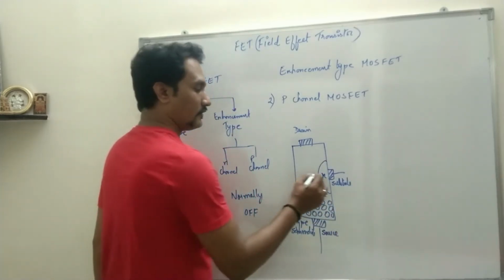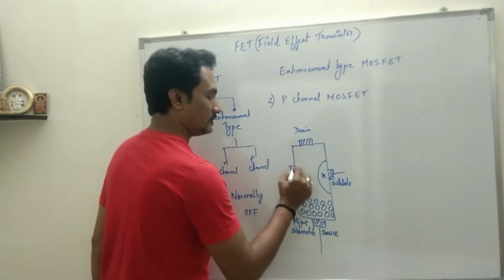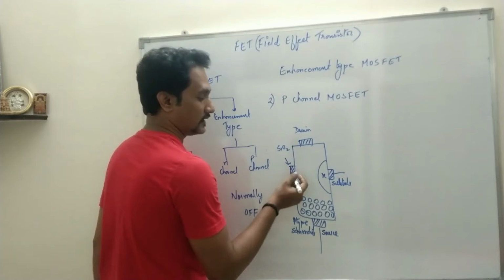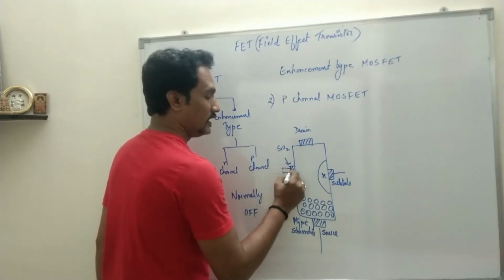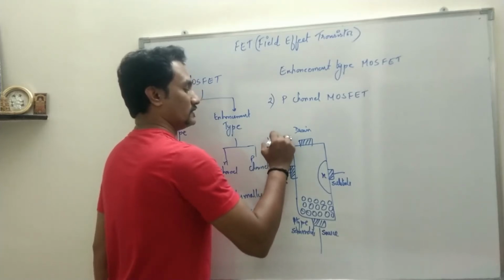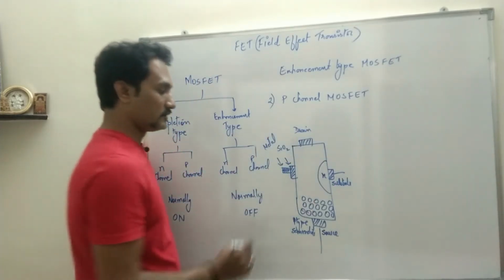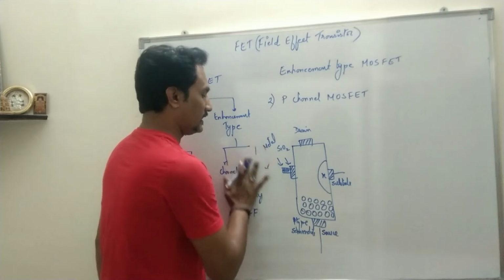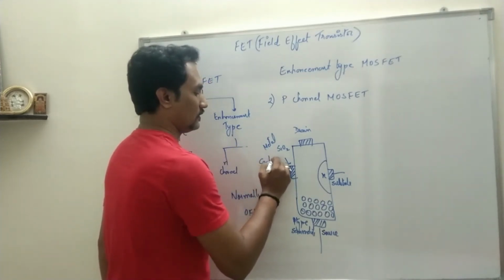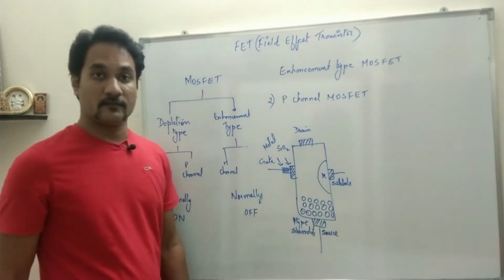substrate. Okay, and on the other side of the substrate, over the semiconductor layer, you form a layer of silicon dioxide, which acts as an insulator, and over which there will be a metal deposition. The terminal which will be taken out is called gate.